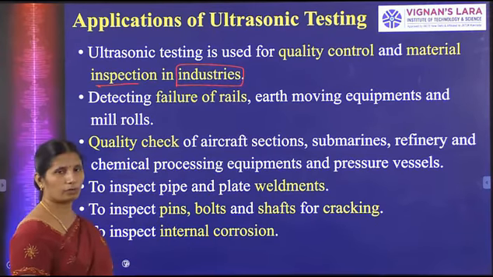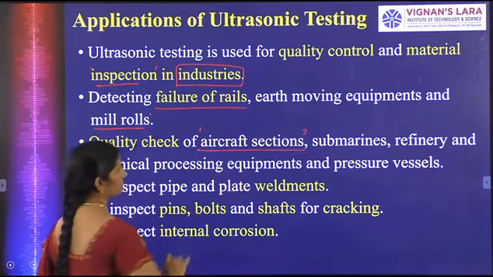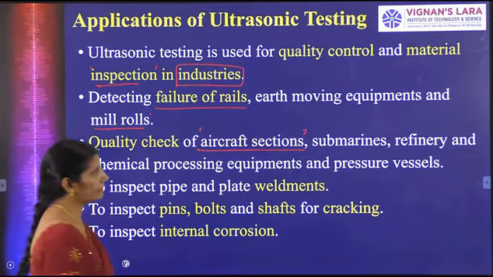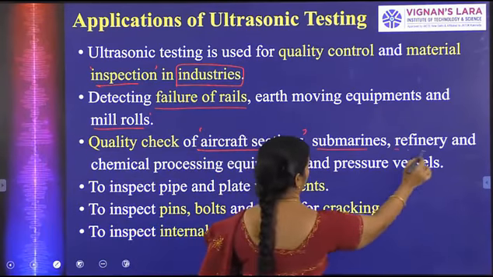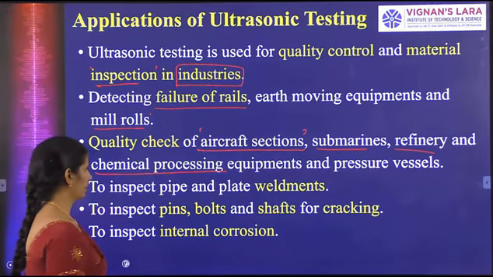So quality check of aircraft sections, and in submarines, refinery and chemical processing equipment and pressure vessels. While all these components are fabricated, they are tested, and their quality check will be done using ultrasonic testing.